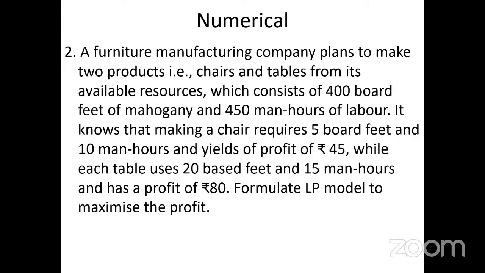First constraint, equals to? Oh, no, sorry, less than or equal to. Right. Next one is 10x1 plus 15x2 less than or equal to 450. Very good. And x1 and x2 should be greater than 0. That is the non-negativity constraint.